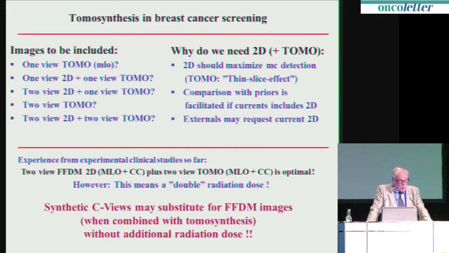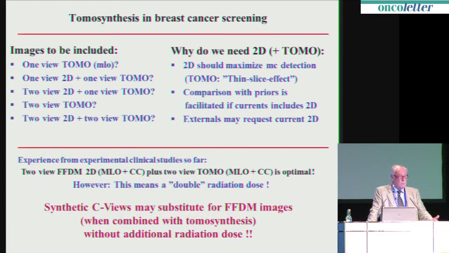The question is, of course, do we need 2D? Theoretically, if you have 1 millimeter slices through the breast, can't you see everything? Do we need any more 2D images? I think we do need it. I do think the radiologists want to have projection images. First, we would like to compare with prior examinations. We want to compare current with priors.